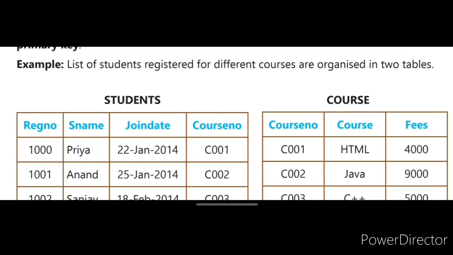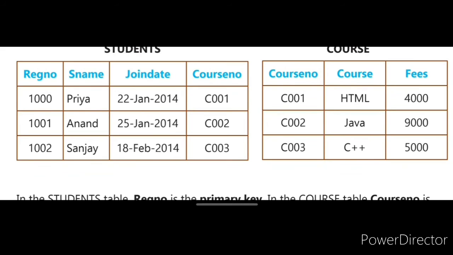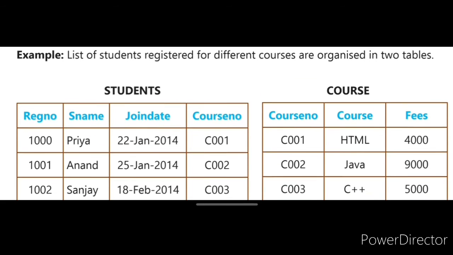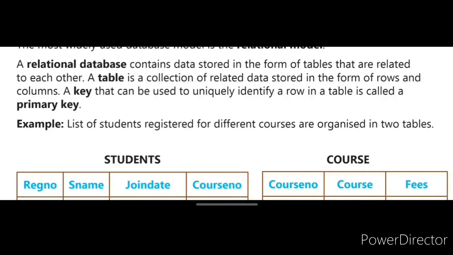See this example, students is the heading of the table where it contains registered number, student name, join date and course number. It makes the columns of the table, whereas 1000, Priya, the date and course number, and these details denote the rows of the table.